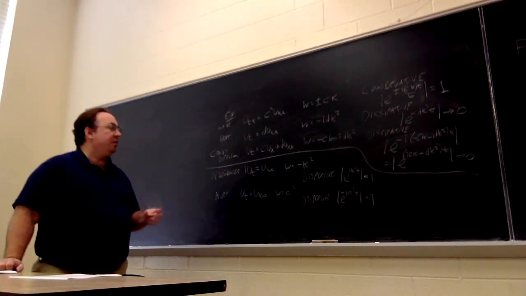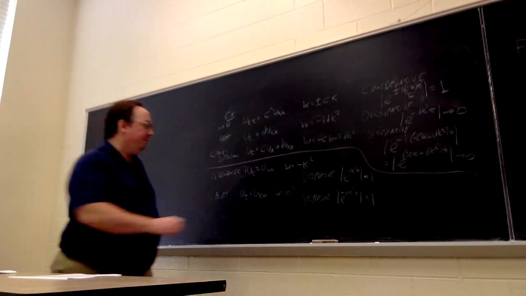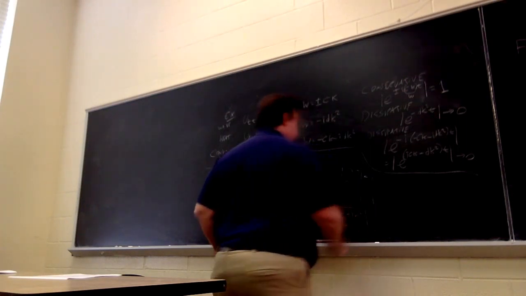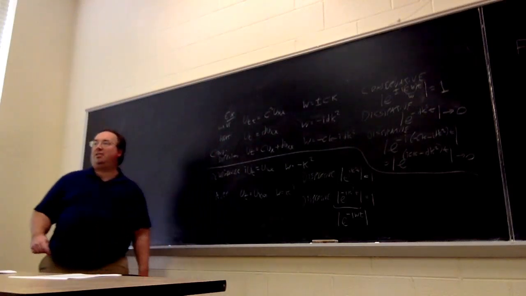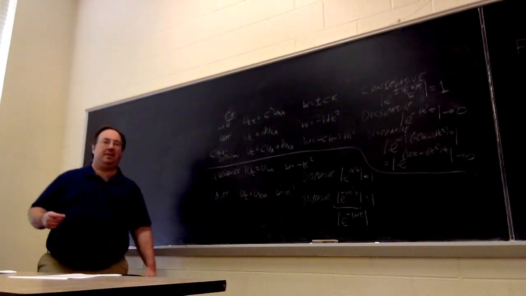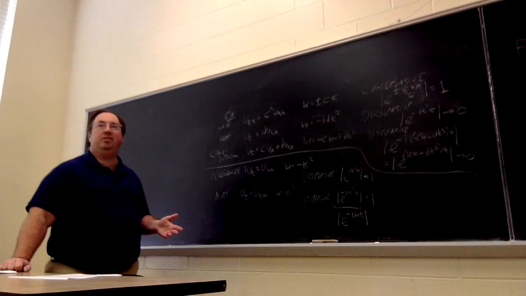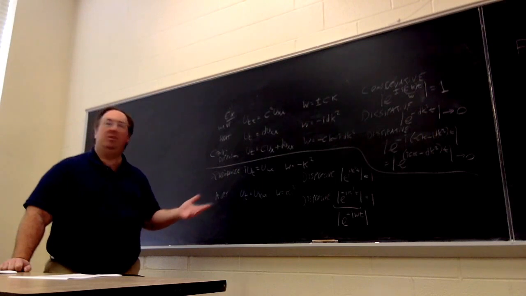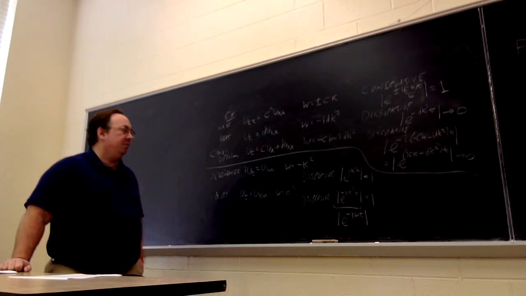Then in all cases you look at the magnitude of e to the minus iwt, and you ask yourself, what happens to the magnitude of that? Does it go to 0 as t increases? Does it remain equal to 1? Does it grow, in which case it's unstable? So for whatever PDE you have, this is what you look at.